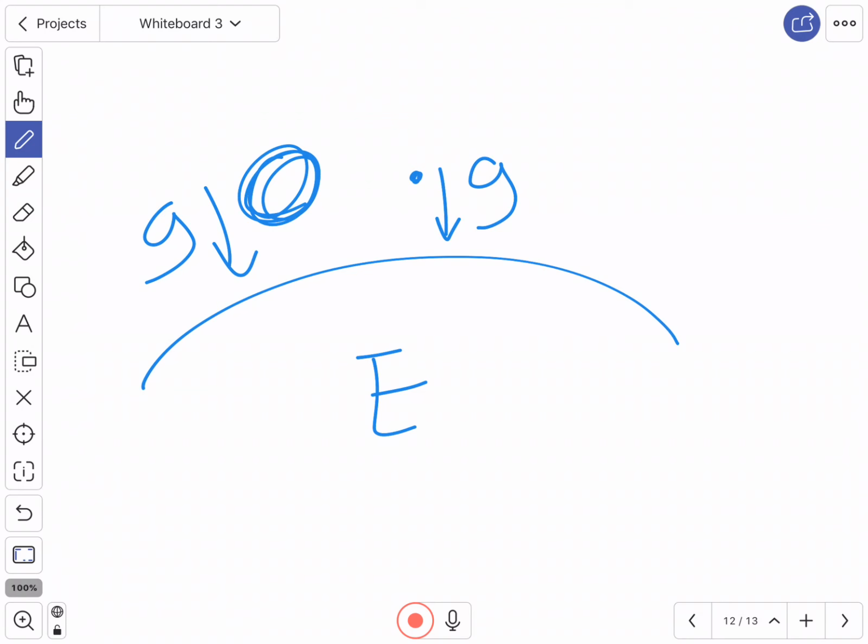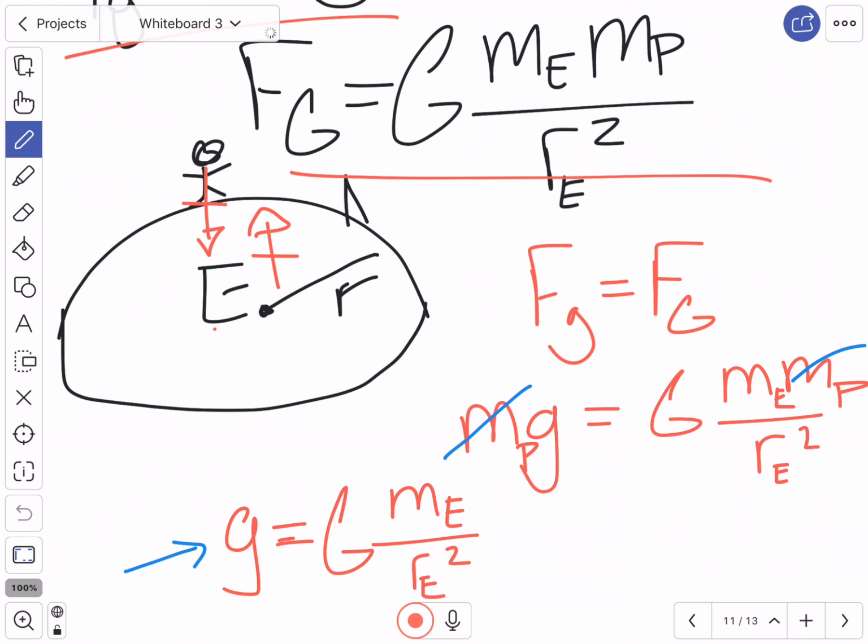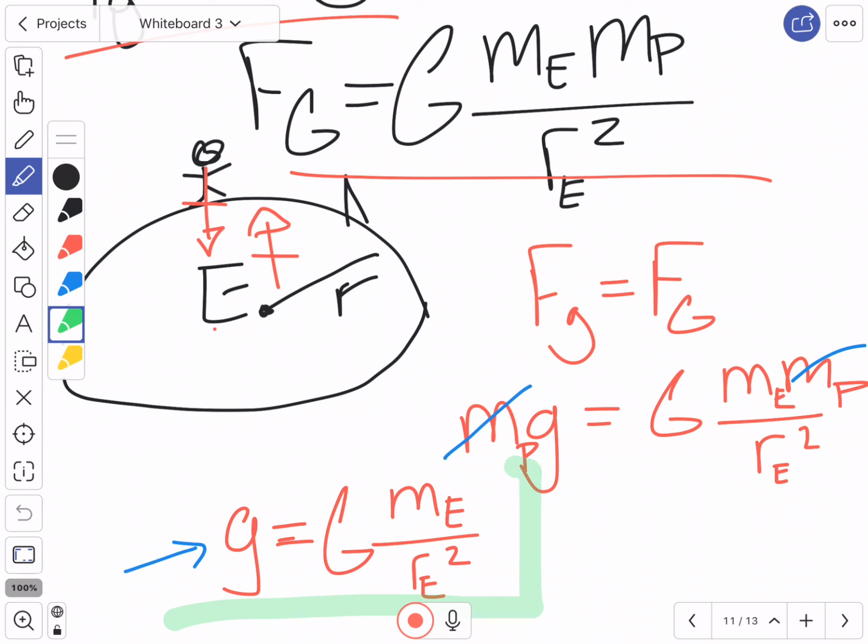The acceleration of both of them is the same. Which is really cool, that this acceleration is not dependent upon anything to do with those two masses. It is dependent upon the mass of the Earth, the radius of the Earth, and this universal constant G.